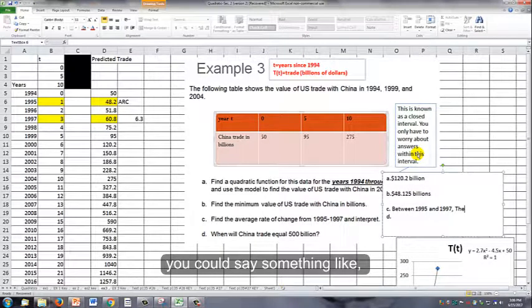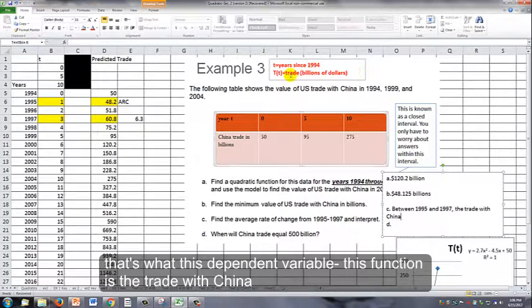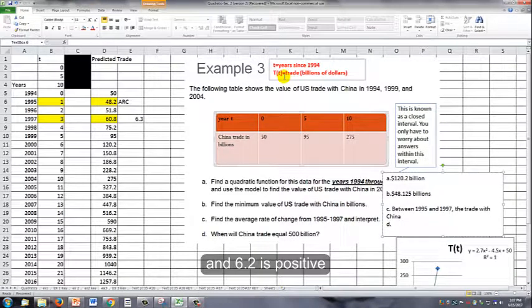So you could say something like the trade with China, because that's what this dependent variable, this function is, the trade with China, and 6.3 is positive. So you could say it is increasing by 6.3, and the units are billions of dollars.